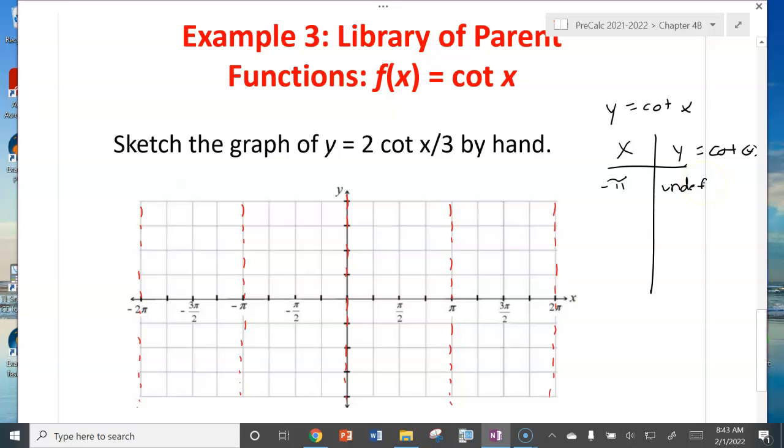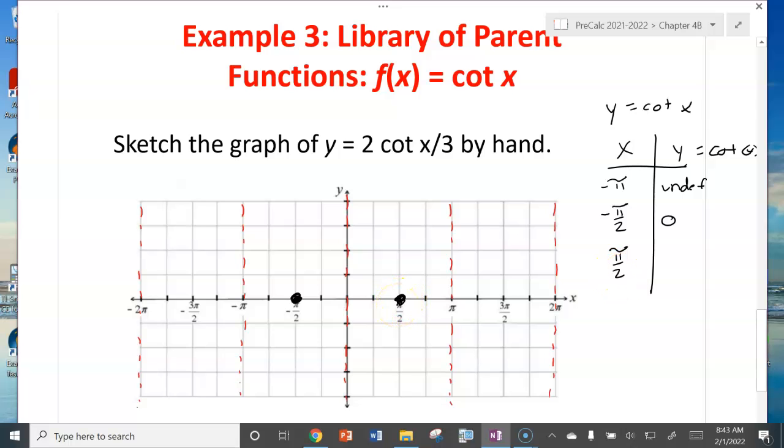And same thing at pi. We need to get some points in the middle here. So let's get negative pi over 2. And at negative pi over 2, we have a 0. And then also at pi over 2 is going to be a 0.